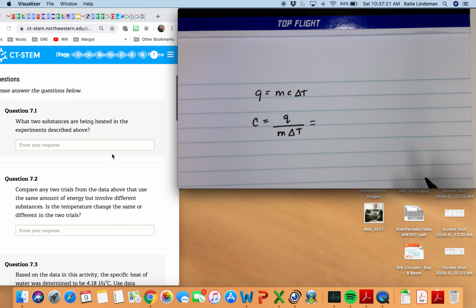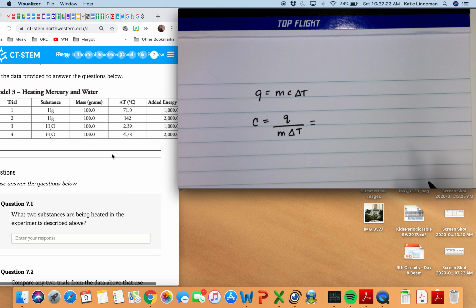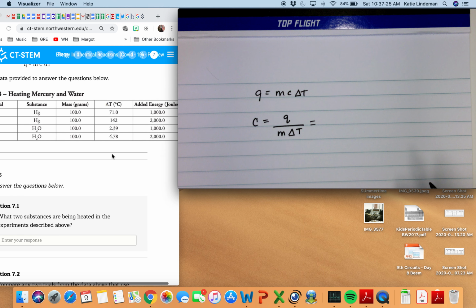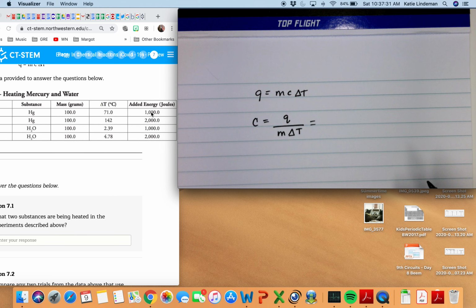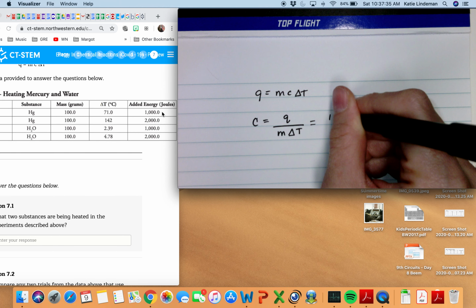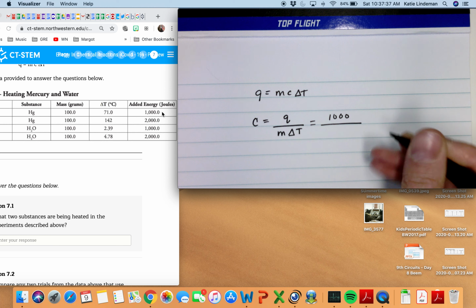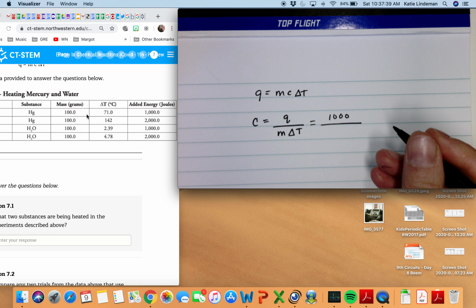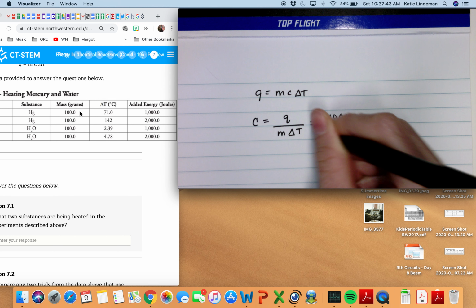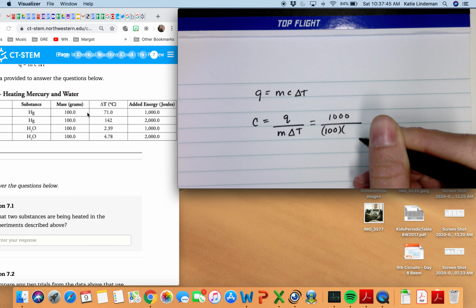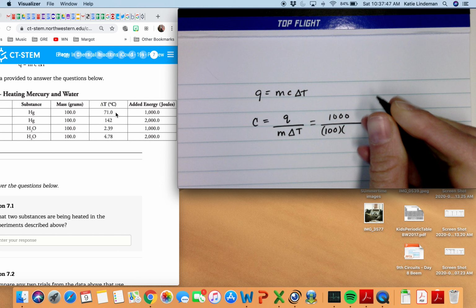If I come back up here, my Q, and I'm going to go off of this first row, is going to be the 1,000, and that's divided by my mass, which is right here, 100 grams, and then my delta T, which is 71.